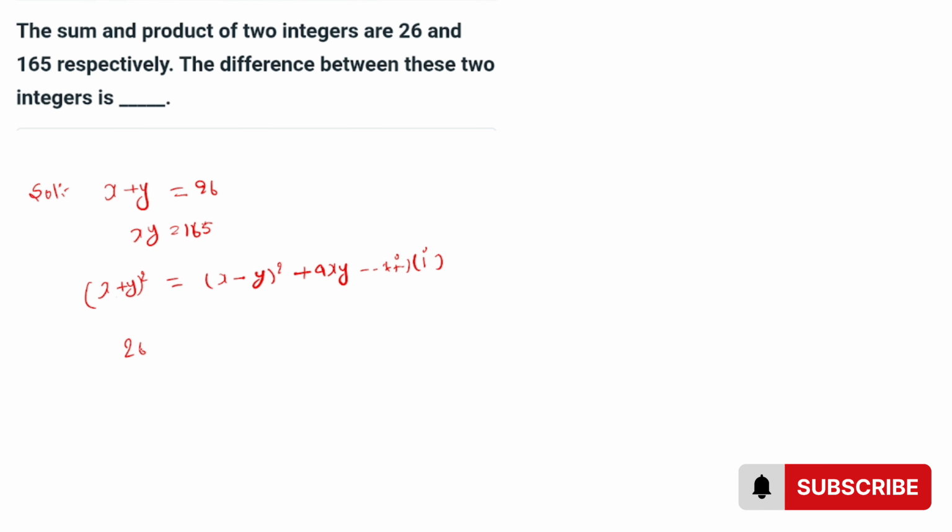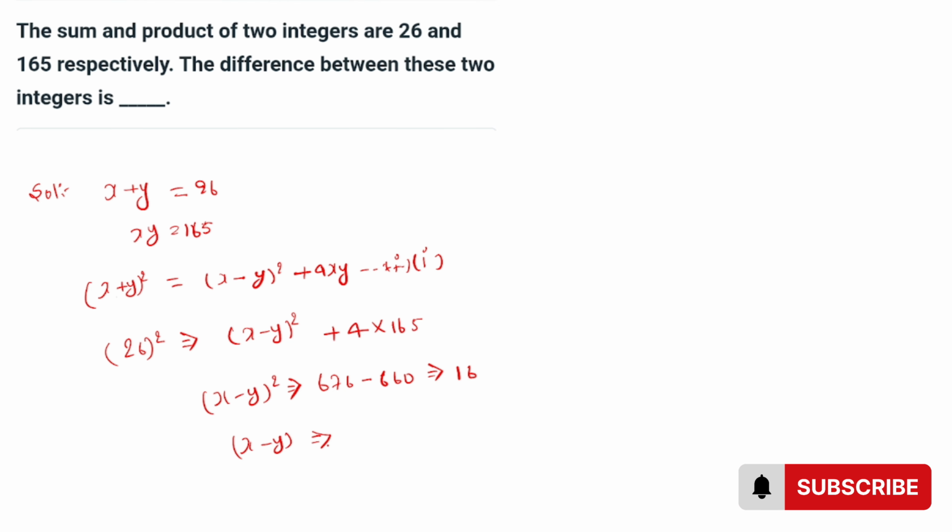So x plus y is given as 26 whole square, equals x minus y whole square plus 4 into x into y, given as 165. When we solve for x minus y whole square, 676 minus 660, so it comes to 16. The question asks for the difference between these two numbers, so the difference between x and y is the square root of 16.